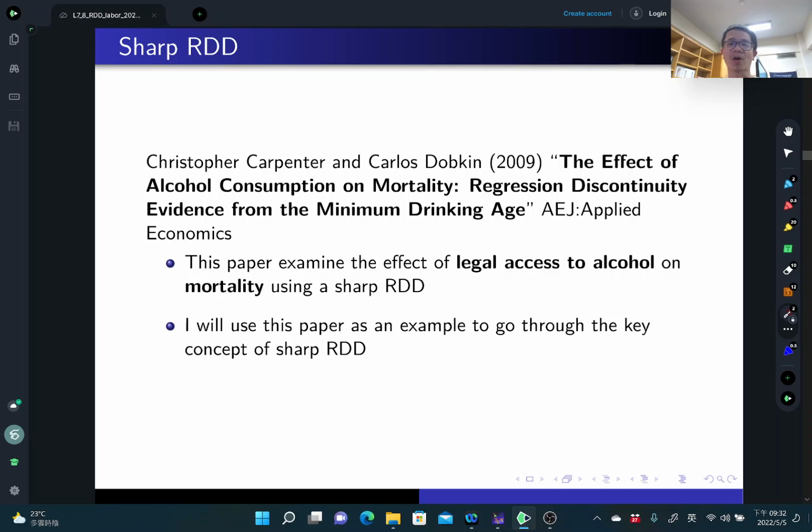But if you drink alcohol before the 21st birthday, it's not legal. So this paper wants to know how this policy, this legal access to alcohol, affects young people's mortality rate. Okay.